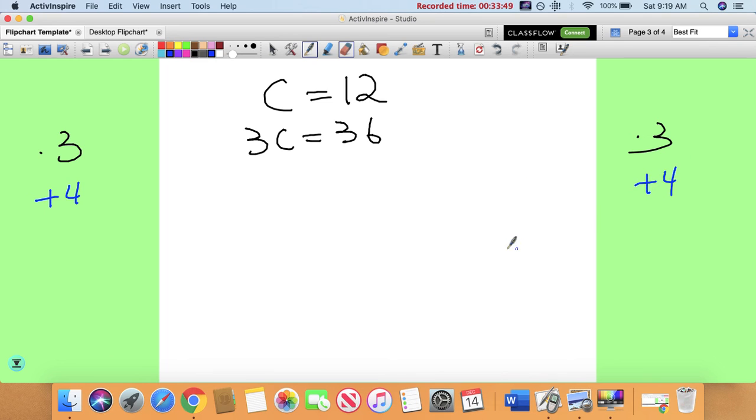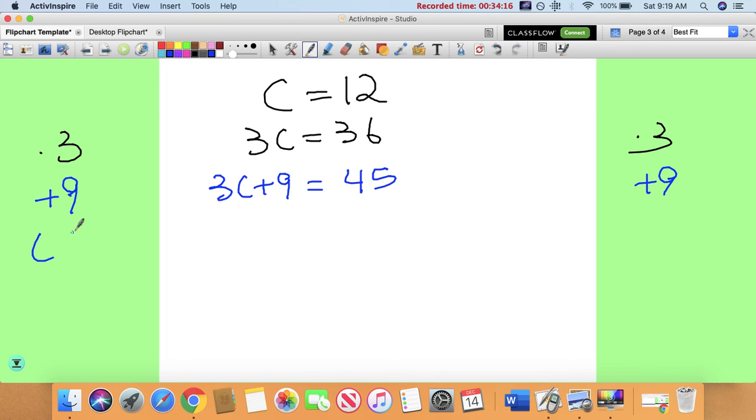And if you're adding, you want to think one step ahead, because we're eventually going to write something with a distributive property. You want to add something that's a multiple of 3, which is definitely not 4. I don't know why I wrote 4. So let's add 9 to both sides. So 3c plus 9, that's good. And on the other side, 36 plus 9 is 45.